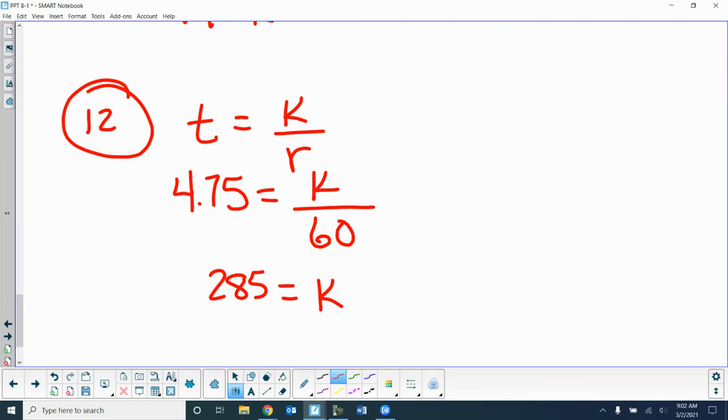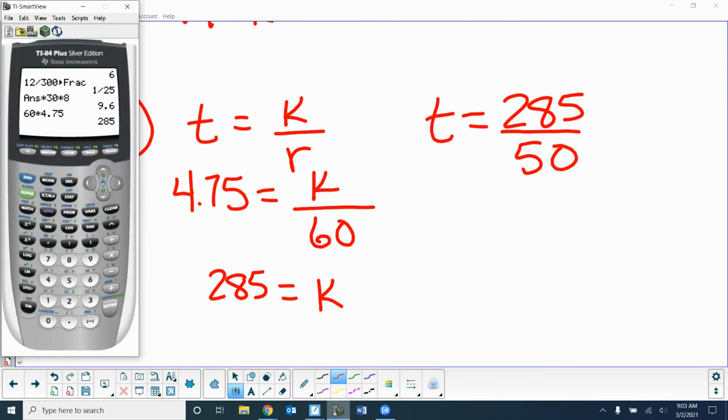So then, how long will it take to go 50 miles per hour? So T equals 285 divided by 50. Divided by 50. 5.7 hours.